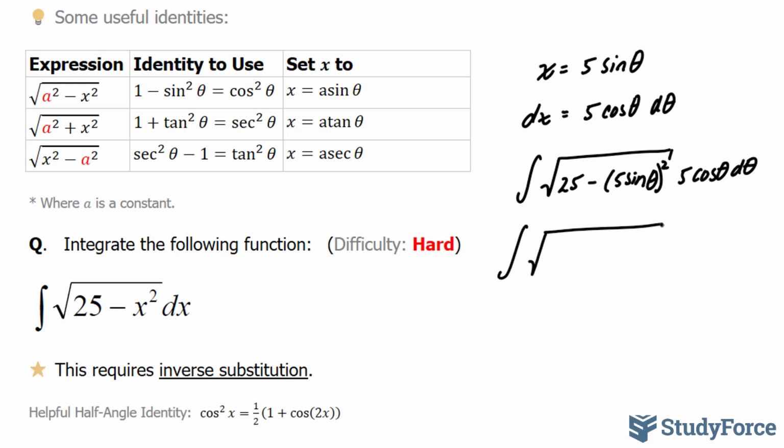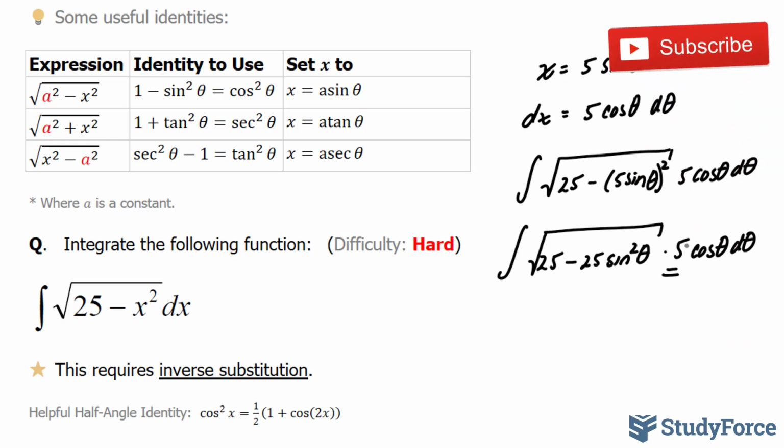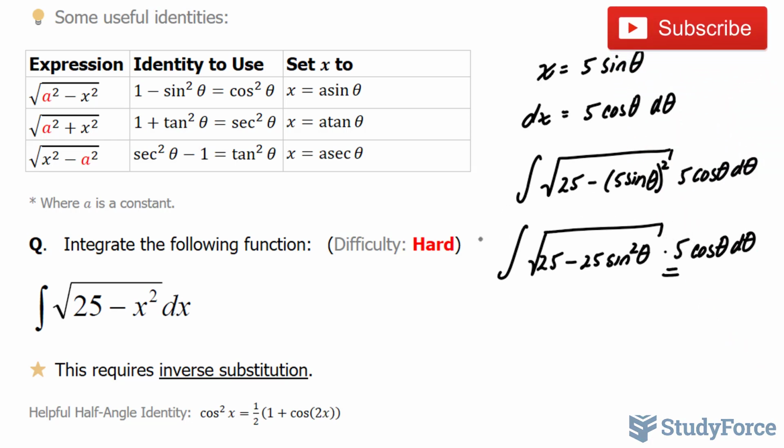So for the most part, it stays the same, but this too will be distributed to the 5 and to the sine theta, where we end up with minus 25 sine squared theta times 5 times cosine theta d theta. And at the same time, I will take this 5 outside of the integral.